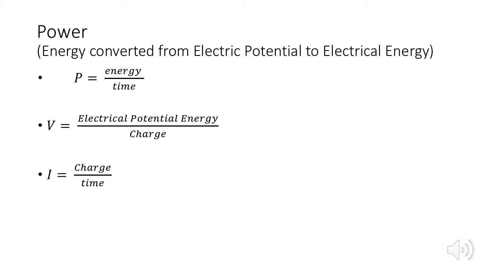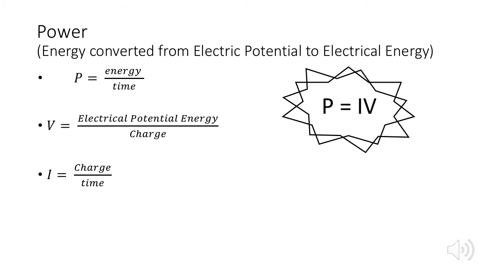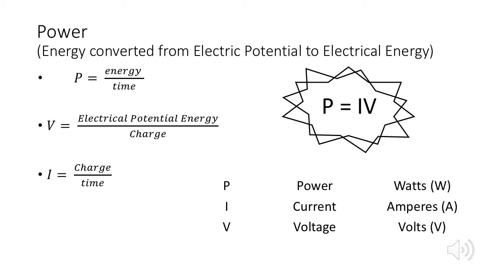So if we want to get energy over time, what we'll end up having to do is say that power is equal to the current, charge over time, times the voltage, energy per charge. Okay. So this is our big equation. Again, power, capital P, is measured in watts, and current, I, is measured in amperes or amps, and V is the voltage and is measured in volts, also a V.